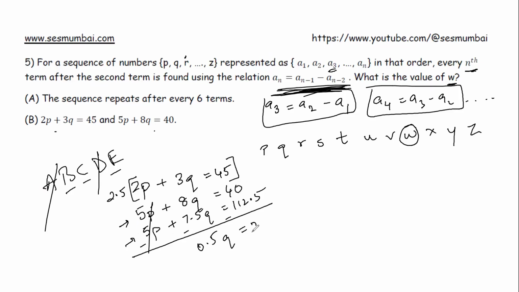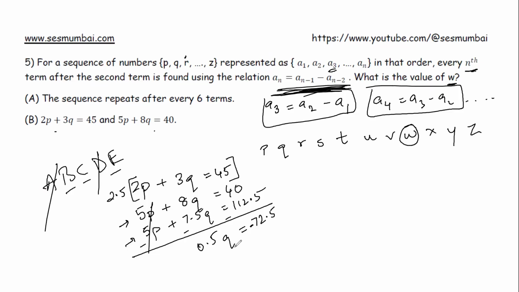No, my bad. Hang on. So we get 72.5, negative. Yeah.